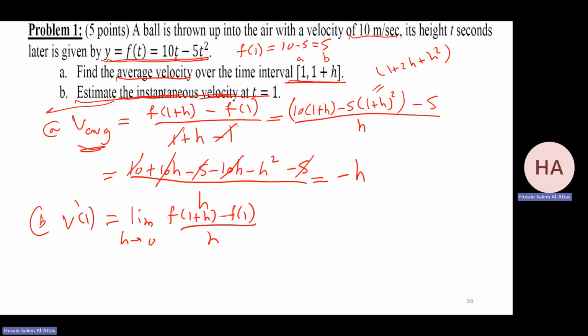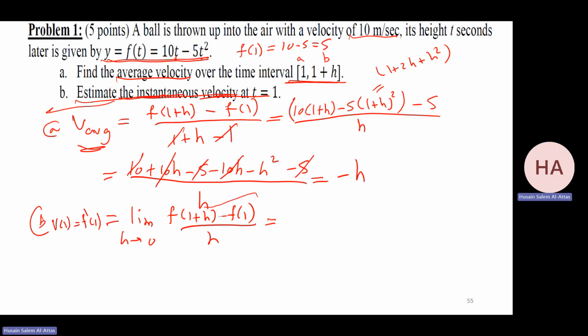Let me say v prime at 1. So this will be what? Not v prime at 1. V at 1. I mean v at 1, which is f prime at 1. Okay. Let's write it here: V at 1 equals f prime at 1.